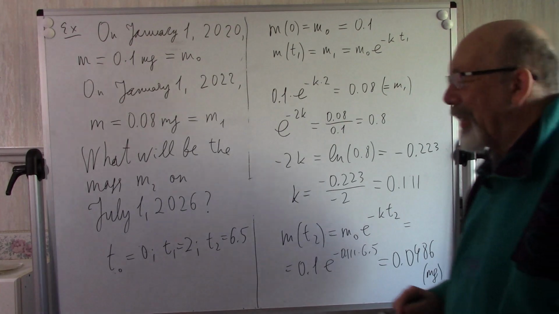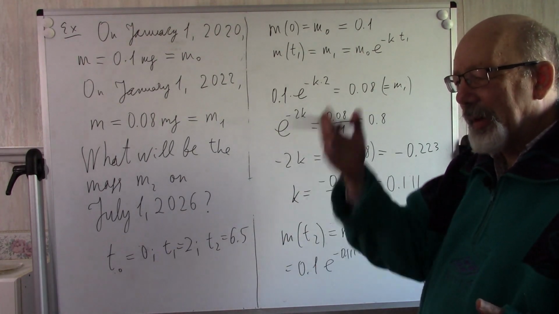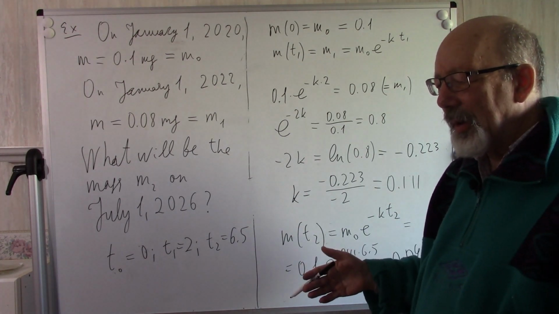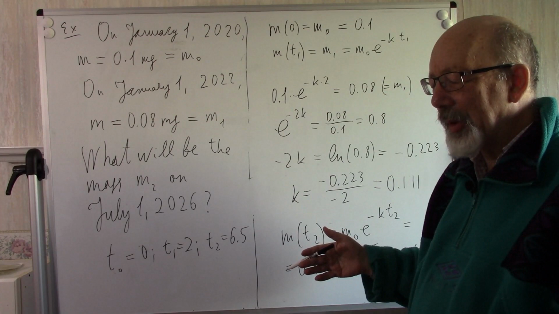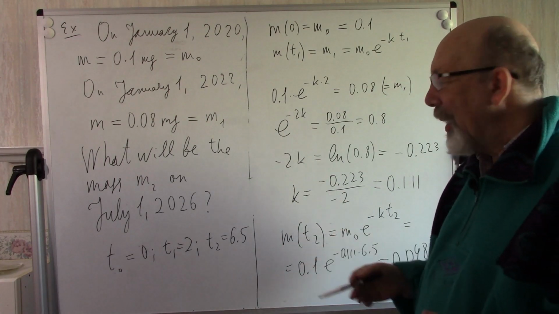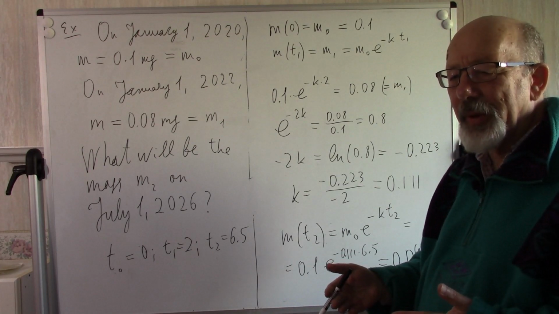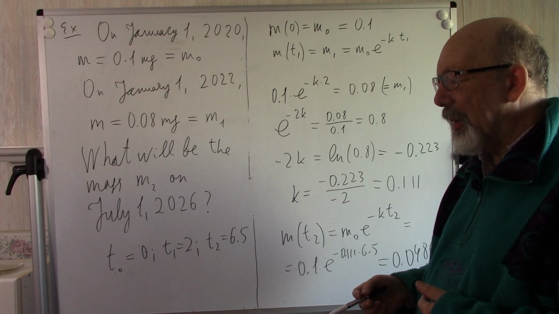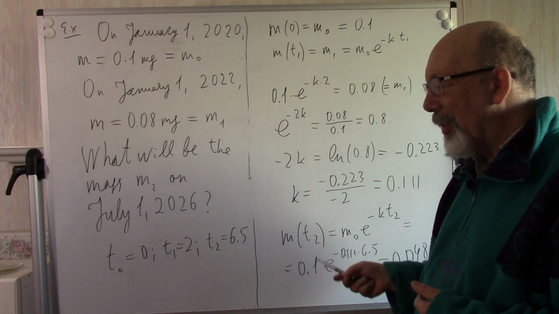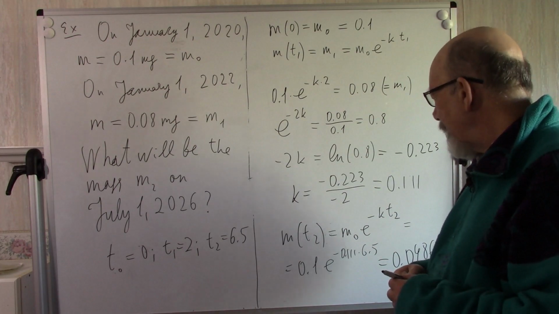Now, in these problems we had the data of the amount of this radioactive substance at different moments, and found first K, the rate of decomposition, and then we found its amount at a given moment.